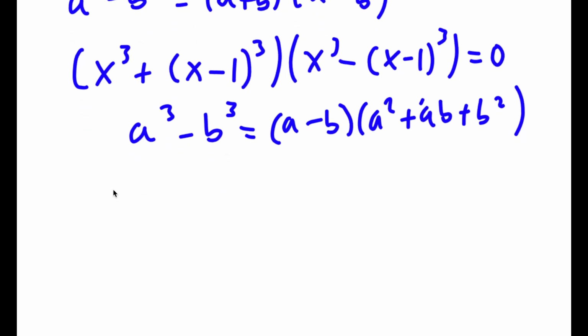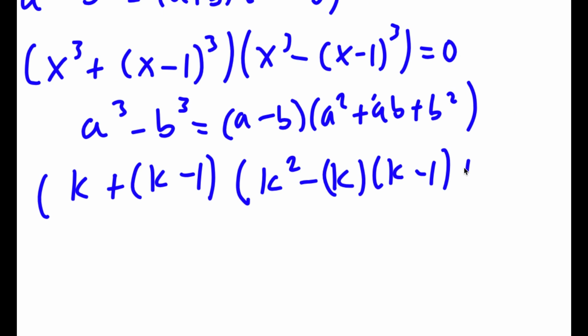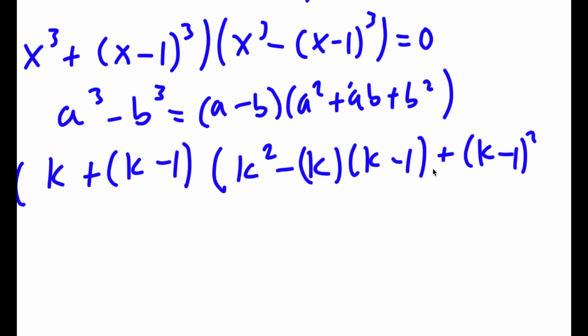So this is going to equal x plus x minus 1 times x squared minus x times x minus 1 plus x minus 1 squared. Sorry, this is actually supposed to be x, but yeah.